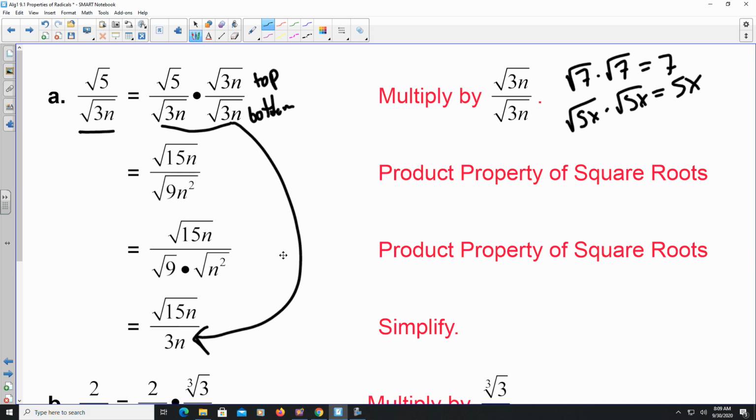If they're the exact same stuff inside that square root and you multiply them together, the result is just what's inside those two square roots when they're the same. Then you take your top value and multiply that together. 5 times 3 is 15, and I got n, so it's the square root of 15n.